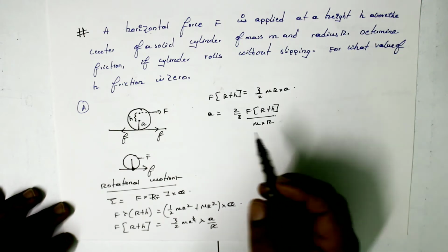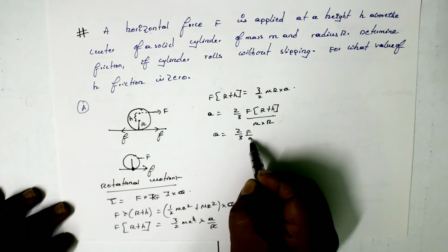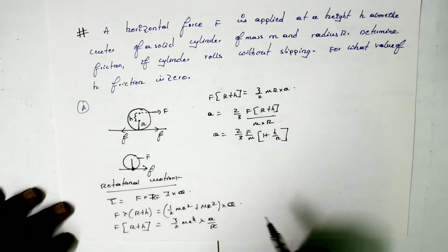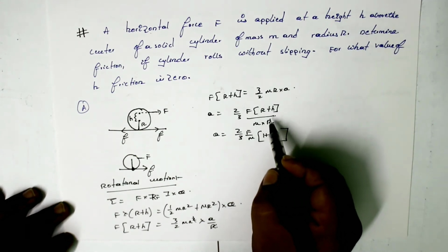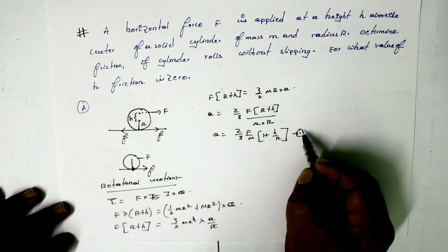Further I can simplify this: A is equal to 2 by 3 F by M into 1 plus H by R, if I divide R plus H by R. Let this be my equation number 1.